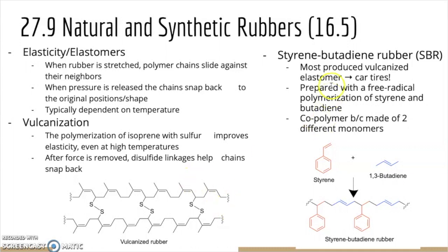And so then one more example the book gave was this styrene butadiene rubber, or SBR, and this is the most used rubber or polymer in the United States because it is typically used in any kind of car or automobile tire. And it's prepared with a free radical polymerization of styrene and 1,3-butadiene.